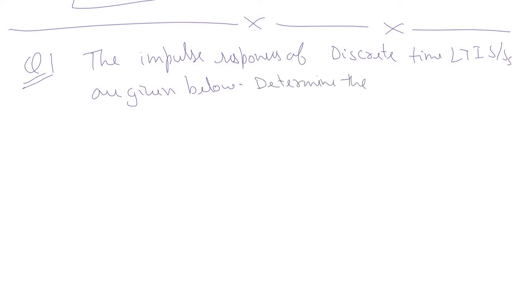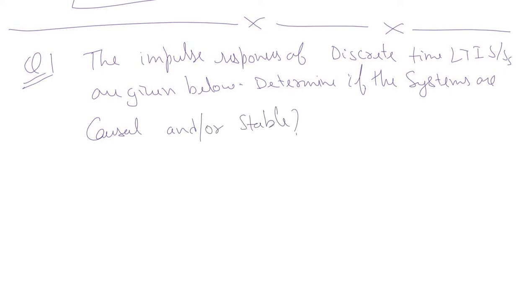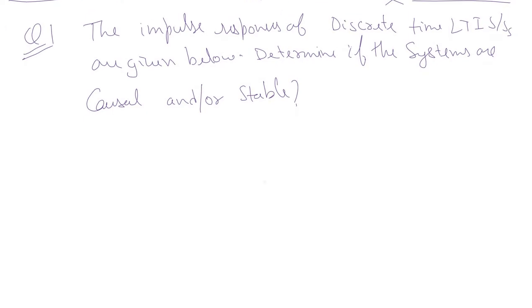Determine if the systems are causal and or stable. Okay, so we need to check the causality and the stability of the different systems whose impulse responses are given as.